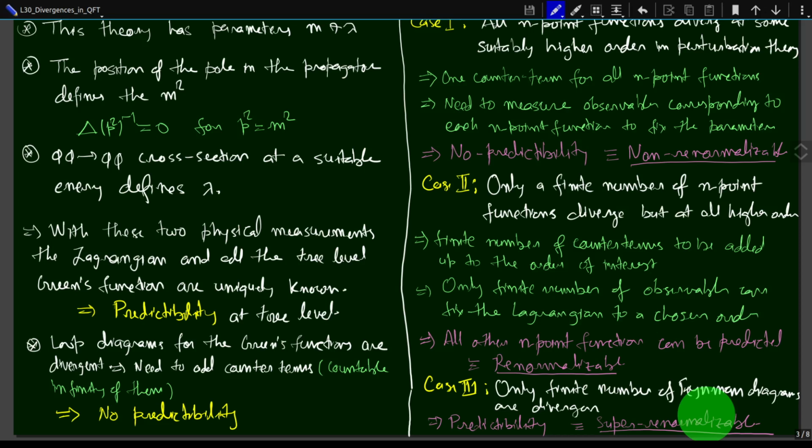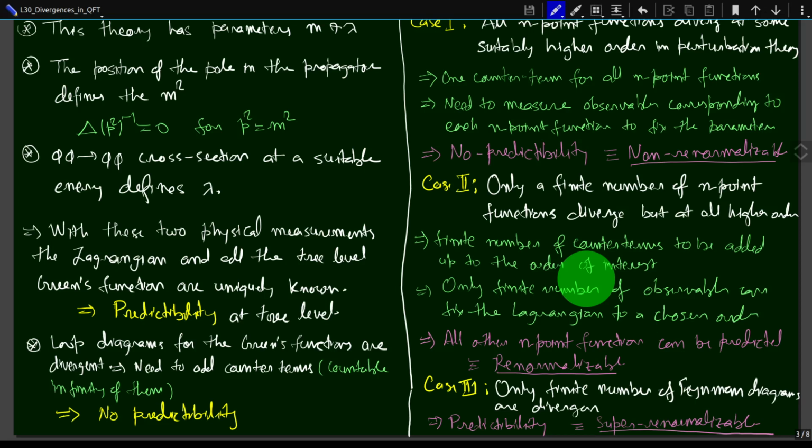If you can compute all those finite number of diagrams that are divergent, regulate them and cancel them, then the entire theory becomes absolutely finite, as against the renormalizable theory, where it always remains renormalizable only to a given order, and the moment you go beyond that order, it requires fixing again, though only a finite number of physical observables are needed to fix those things.